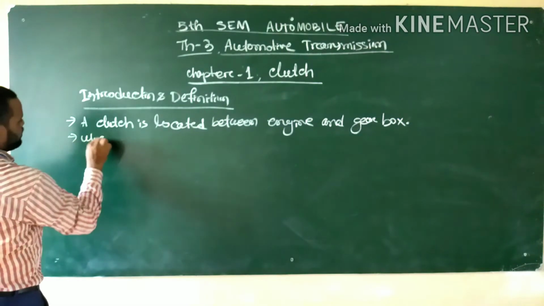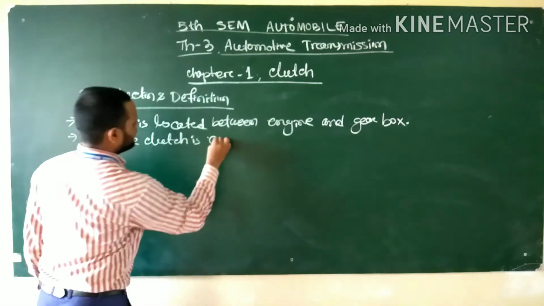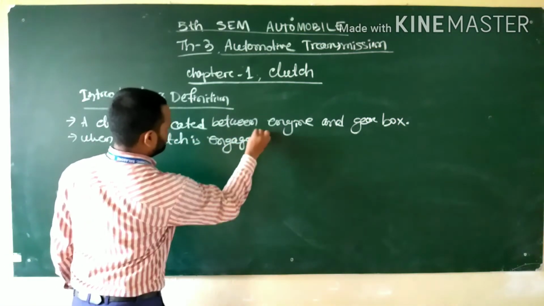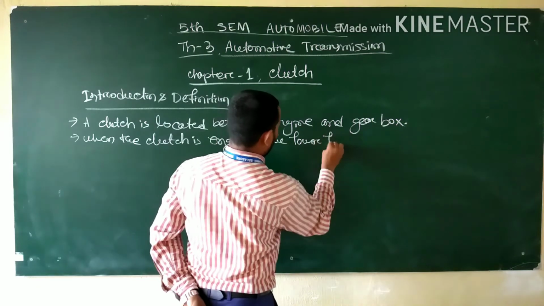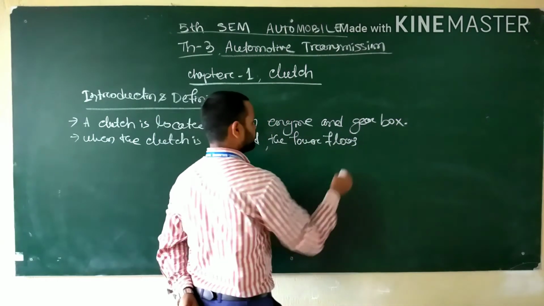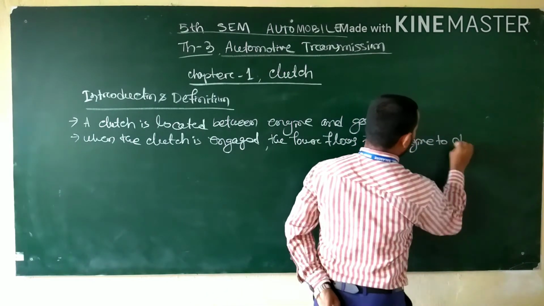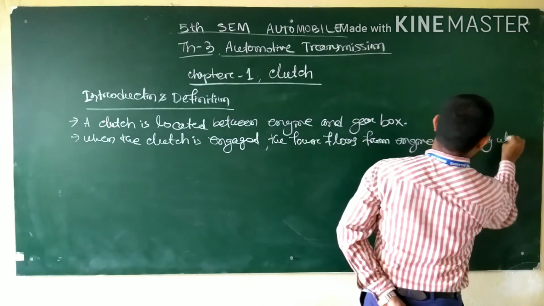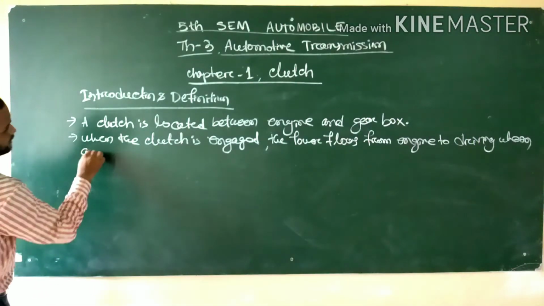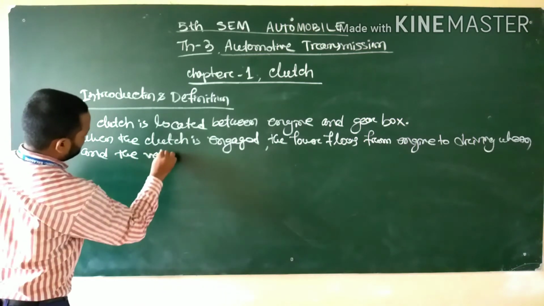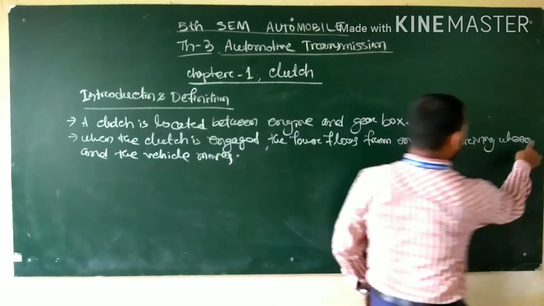Next, when the clutch is engaged, the power flows from engine to driving wheel, and the vehicle moves.